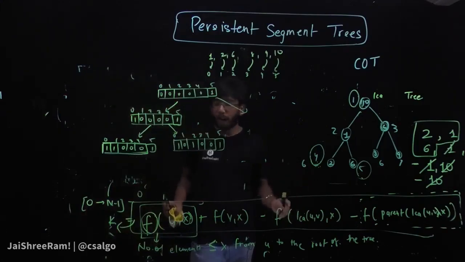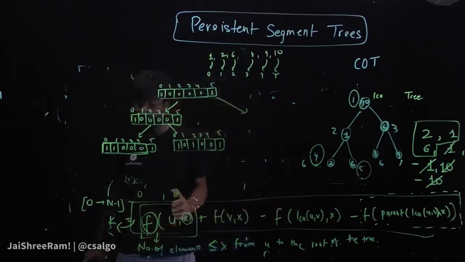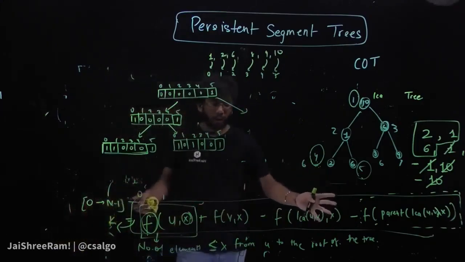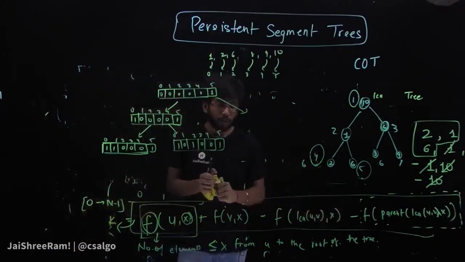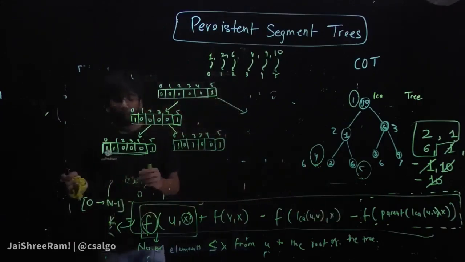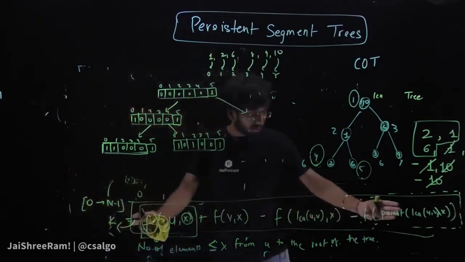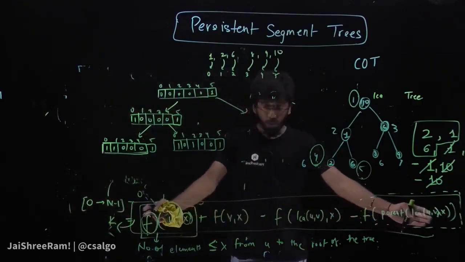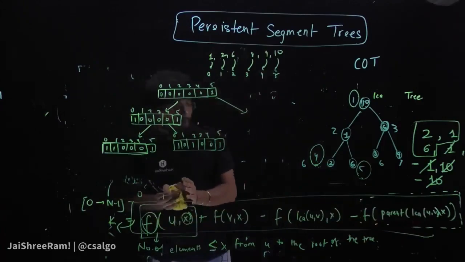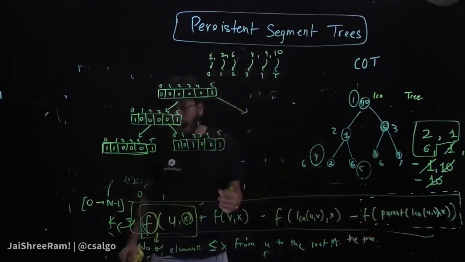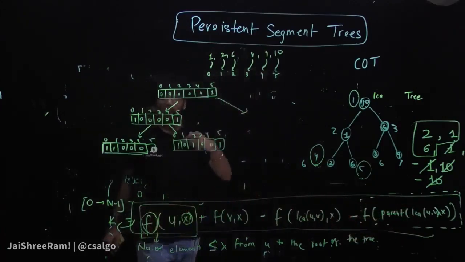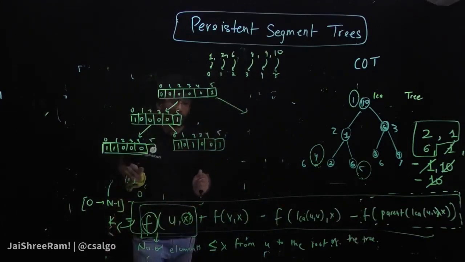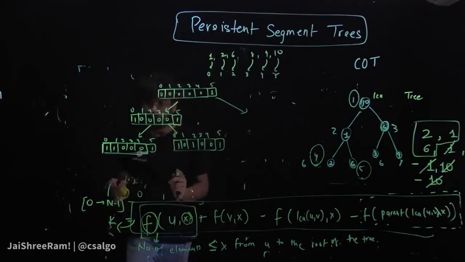But the point I'm trying to make is that we can very easily find it with a binary search. Considering this to be a prefix sum, which obviously it would be, the first place where this prefix sum exceeds k is the point where my answer lies. That is the point where I'll get the kth element.